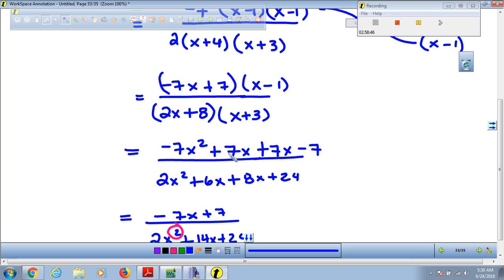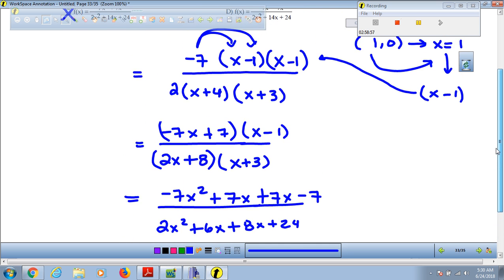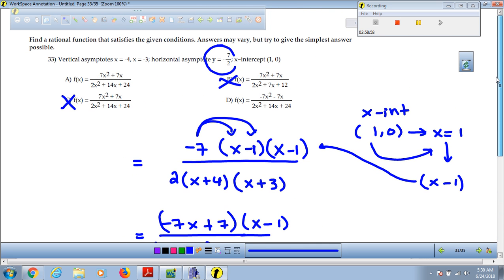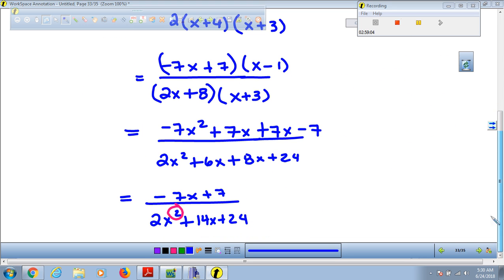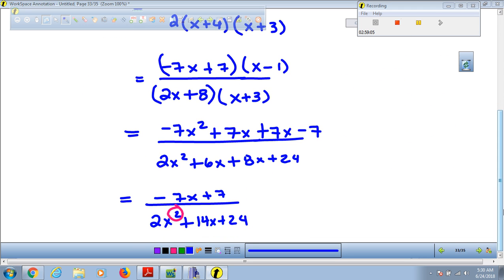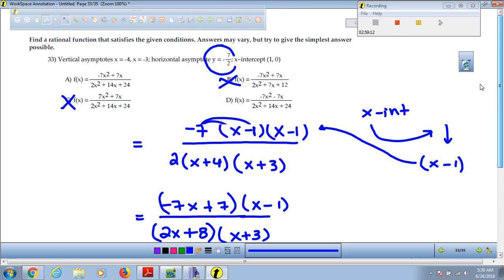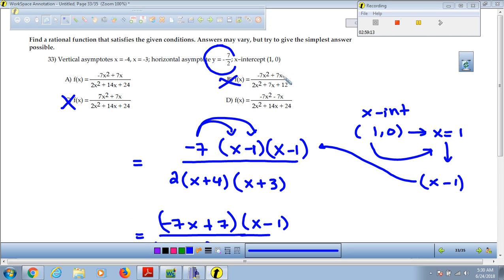Positive 7x. Okay, the only thing that I'm not quite sure what happened, how is it that on the numerator they obtained this?